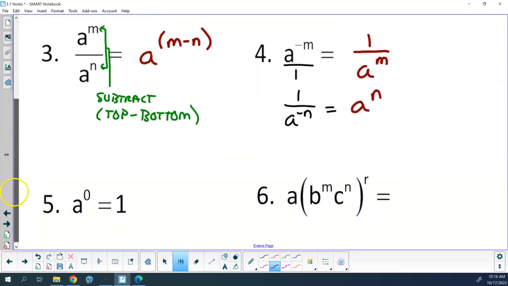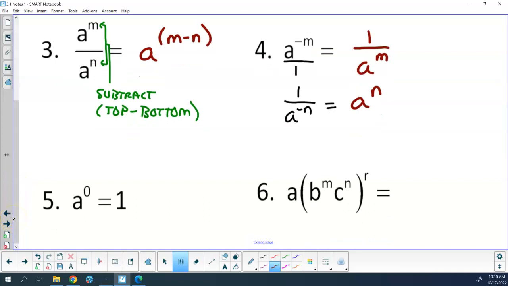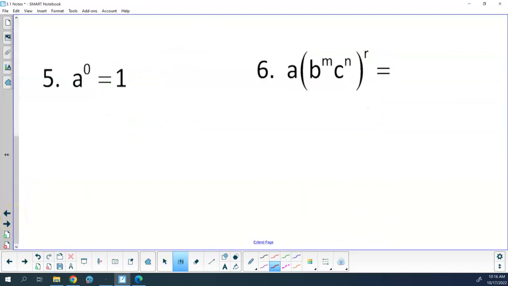Number 5, anything to the power of 0 is 1. Number 6 is kind of just an add-on to property number 2 from above, in that this exponent needs to go in.